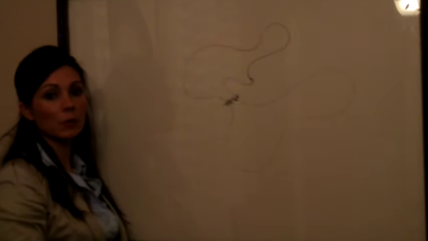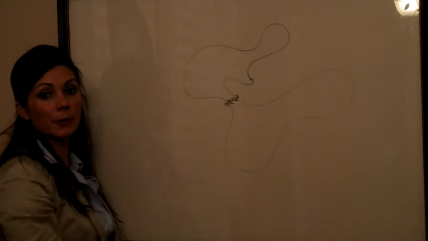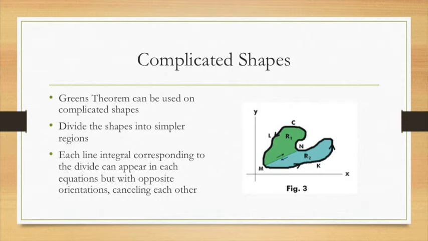Green's theorem can be used on complicated shapes. We just divide into our simple regions, and each integral corresponding to them can be divided in each equation, ensuring that we have opposite orientation canceling each other.